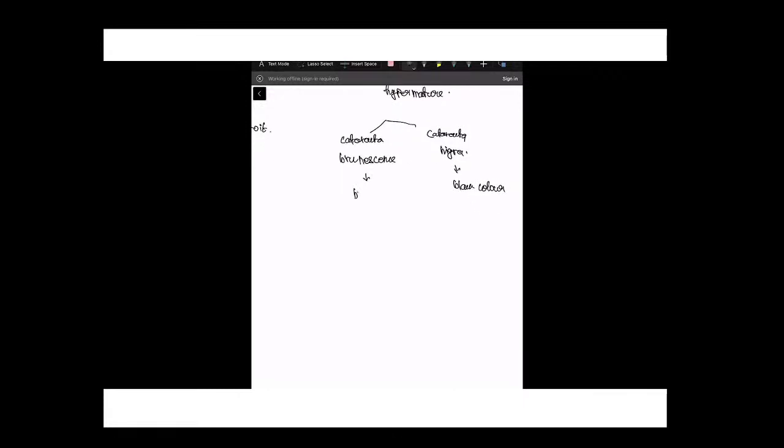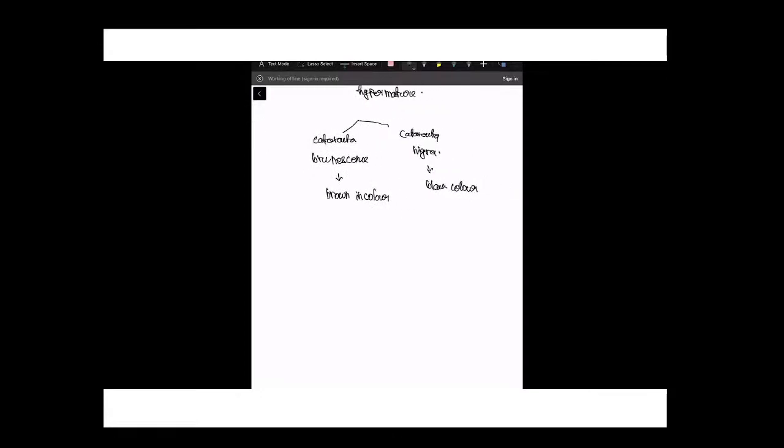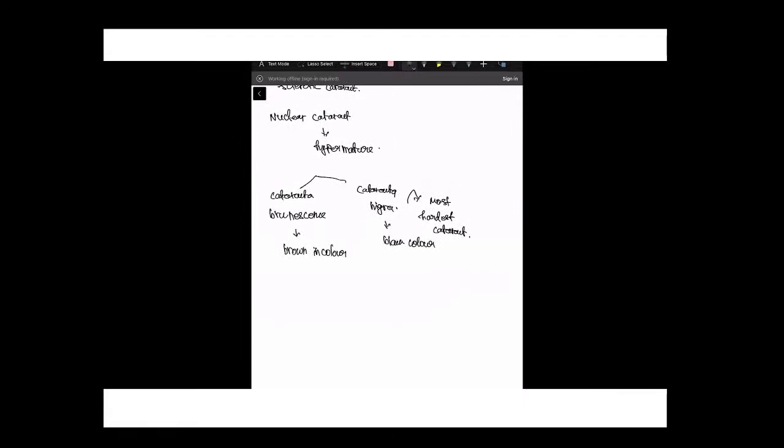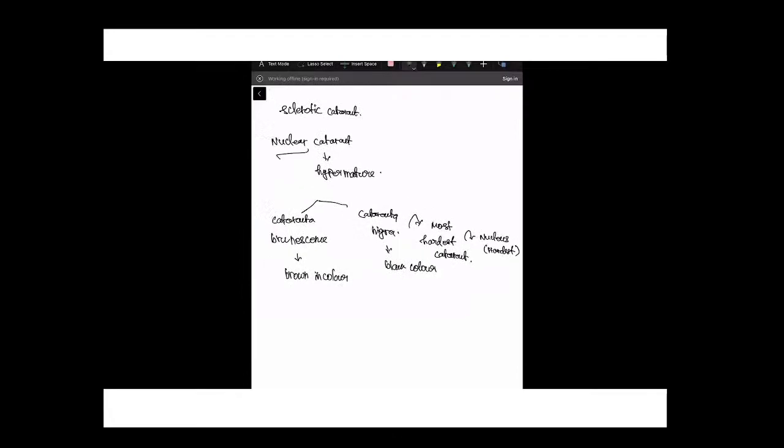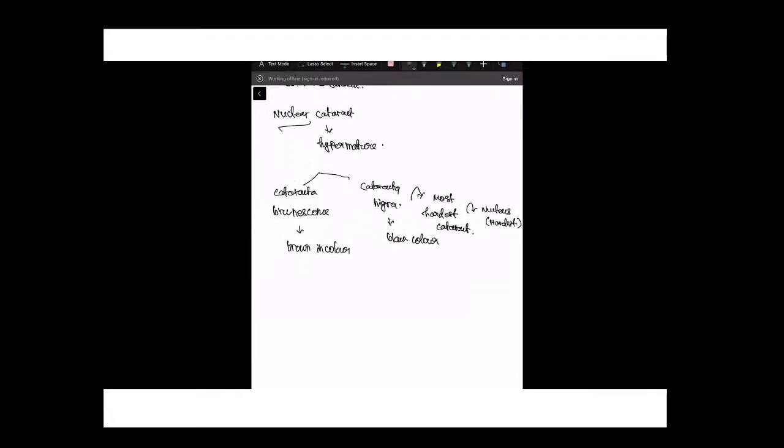This one is brown in color. And this cataracta nigra is the hardest cataract because the nucleus is the hardest part of the lens, and this is the nuclear cataract. And cataracta brunescens is the second hardest cataract.